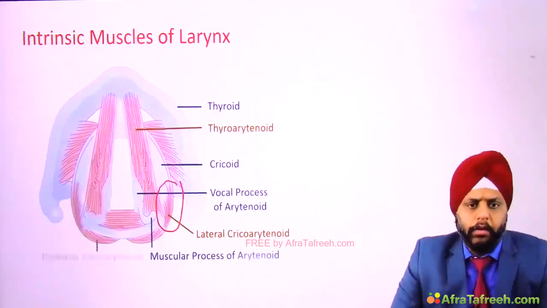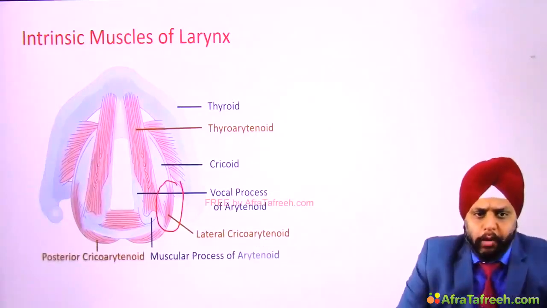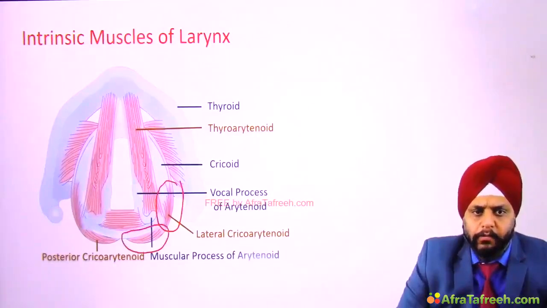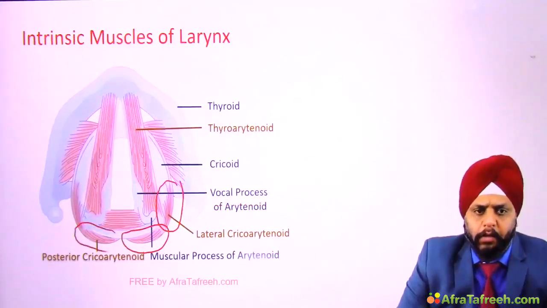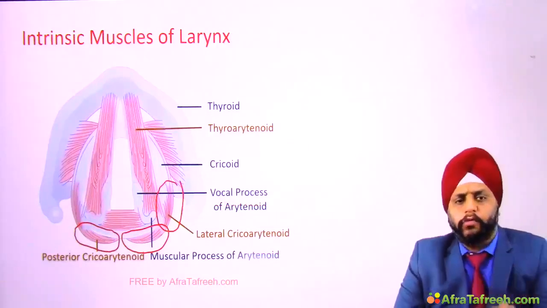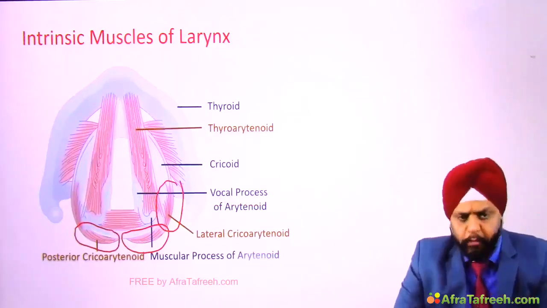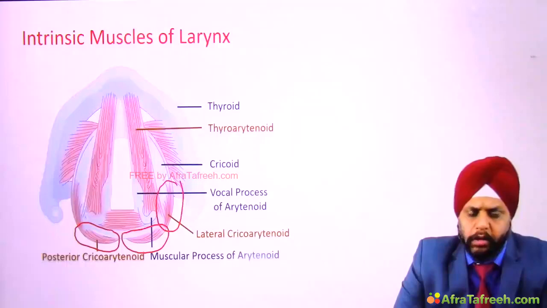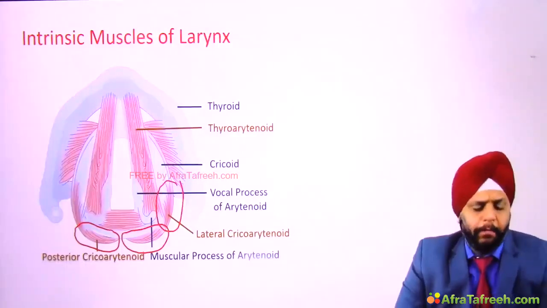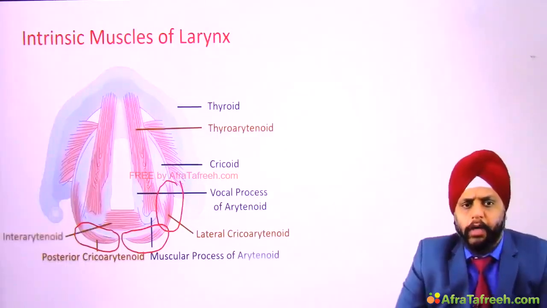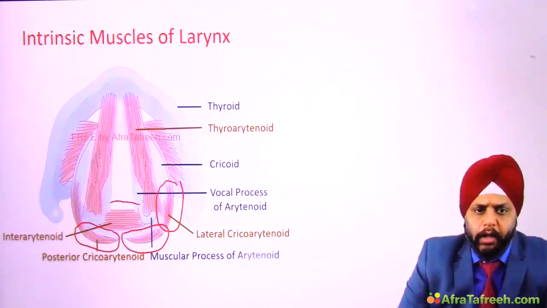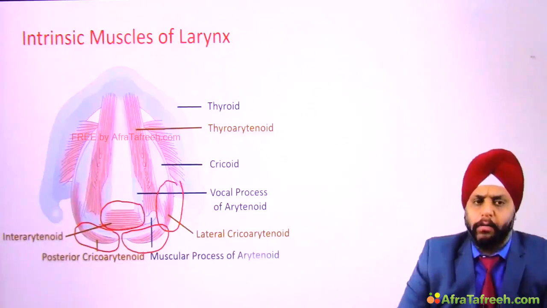Similarly, going from cricoid to arytenoid on the posterior aspect, we have a muscle that's known as posterior cricoarytenoid. From cricoid to arytenoid, posterior cricoarytenoid. And we can see over here a muscle between the arytenoids, and this muscle is known as the interarytenoid muscle.